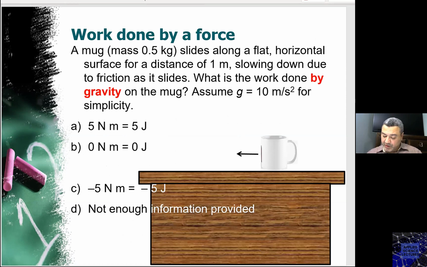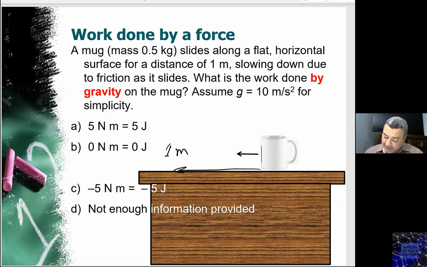So let's look at a second example, where we have a mug with a mass of 0.5 kilograms that slides along a flat horizontal surface for a distance of 1 meter, slowing down due to friction as it slides. What is the work done by the gravity on the mug?